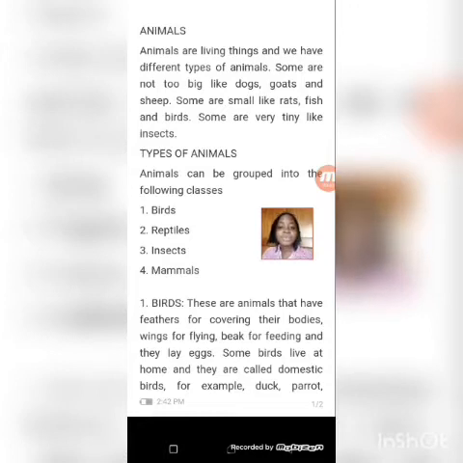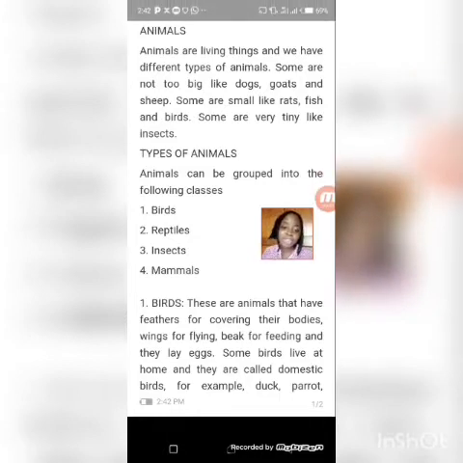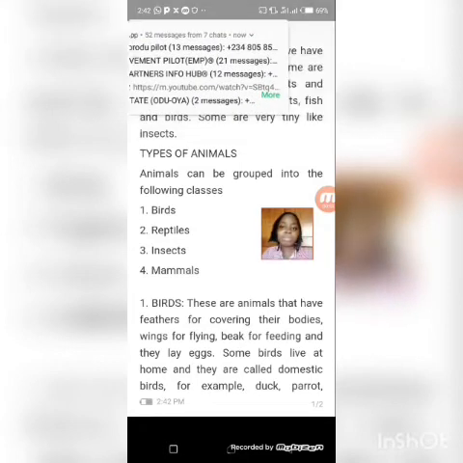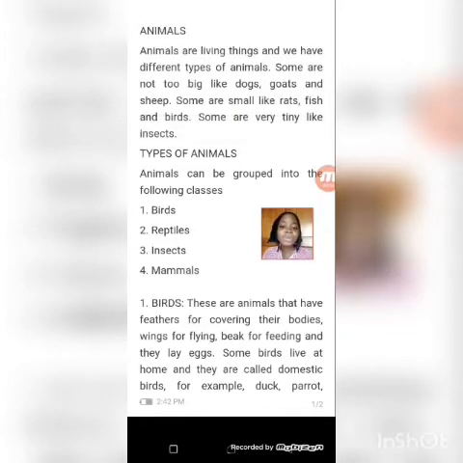There are different types of animals. Some are not too big, like dogs, goats, and sheep, while some are very small, like rats. You've seen a rat before. It's also an animal and it's smaller compared to the goats.